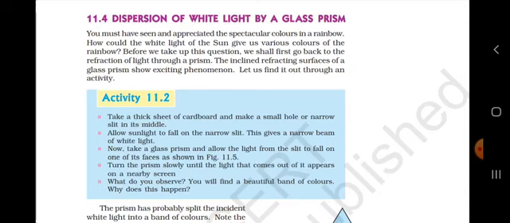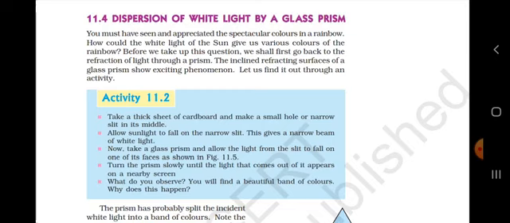Whenever light falls on a white surface or a plain surface, it gets refracted and produces 7 colors. These 7 colors are abbreviated as VIBGYOR. That is violet, indigo, blue, green, yellow, orange and red.